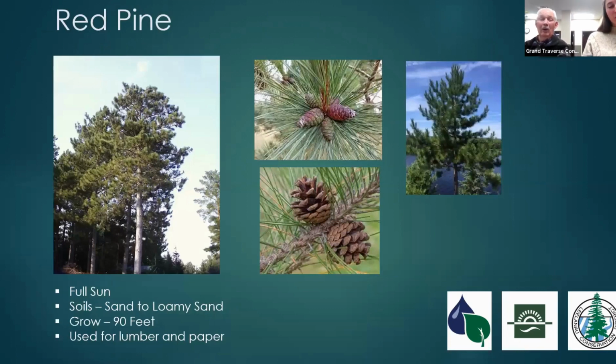The other one that was found along with the white pine was the red pine. It has more limitations. I have personal experience with it. It likes to grow on sand to loamy sand. It'll grow on somewhat of a wet area, but generally it likes a sandy area.